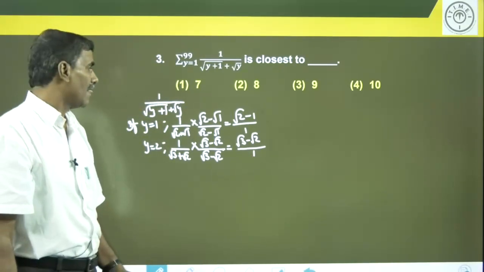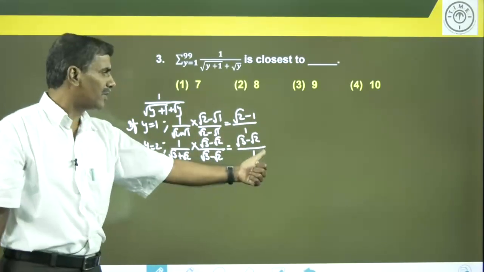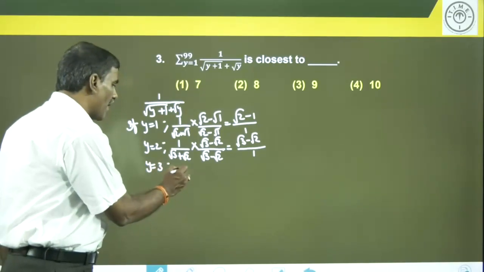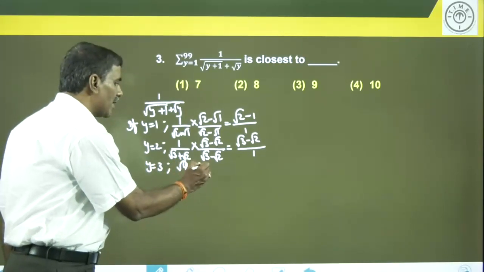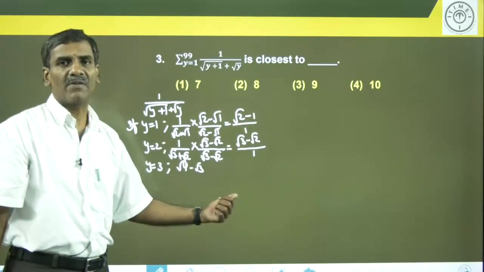So what we understand? If we are giving y as 1, it becomes root 2 minus 1. Y as 2, root 3 minus root 2. Y as 3, it will become basically root 4 minus root 3 only or not. So in that way, it becomes basically one more when compared to the previous case that we are having.